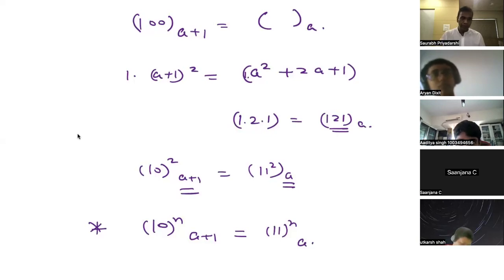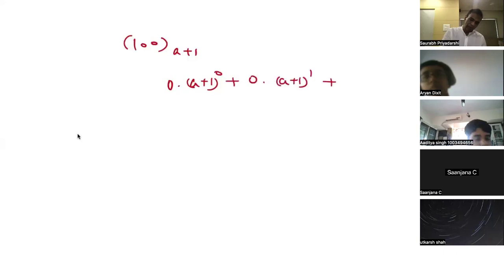Okay, this problem, see, I'm saying 100 with a base a plus 1. So 100 with a base a plus 1 means 0 into (a plus 1) to the power 0 plus 0 into (a plus 1) to the power 1 plus 1 into (a plus 1) whole square.